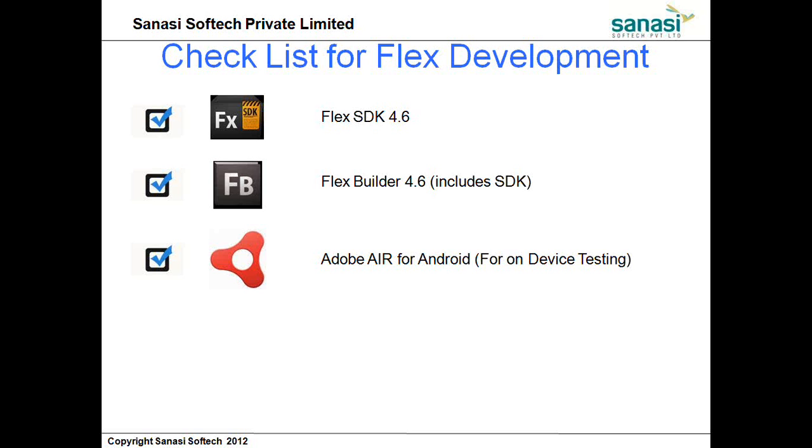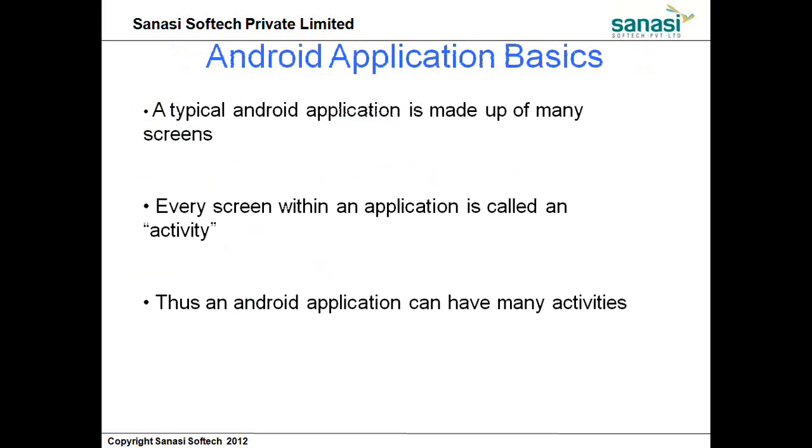And finally, you'll have to make sure that you have installed the Adobe Air runtime for Android. You can get this obviously on Android Market. Okay, so that's the comprehensive checklist for all the applications that we are going to look at in today's webinar.